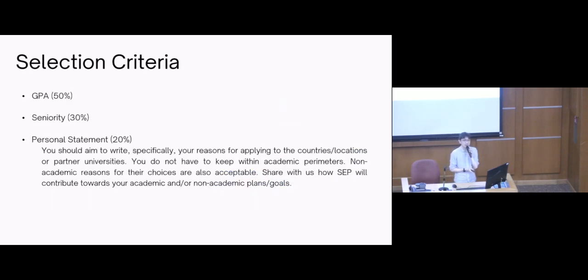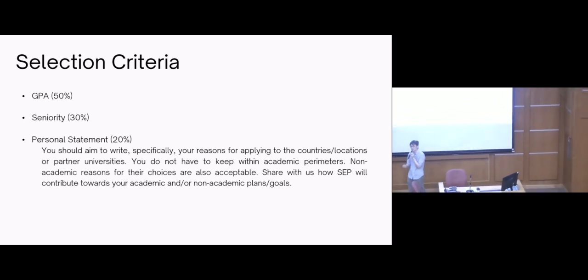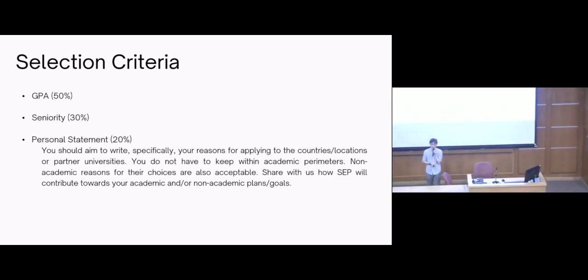Okay, selection criteria. As I said, if you are flexible with location, typically you always get something. If you don't get the partner universities that you have chosen, we will offer you something else. But there's a selection process, and the selection criteria is as such: 50% based on your GPA, 30% based on seniority.